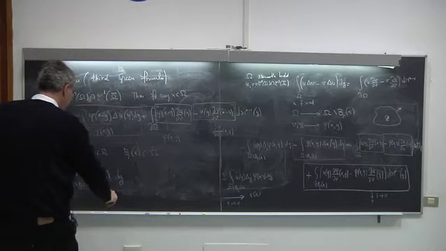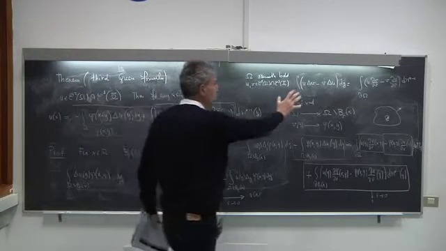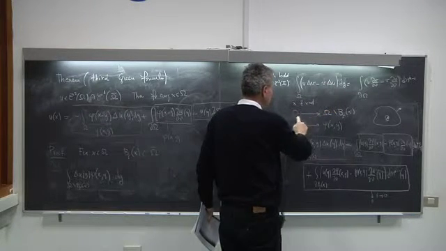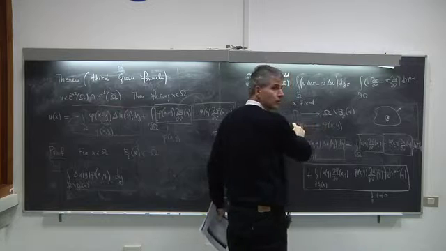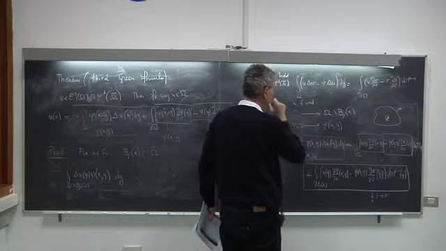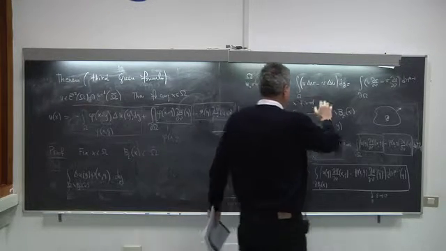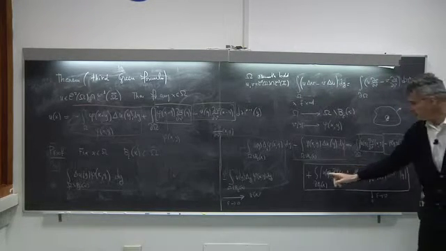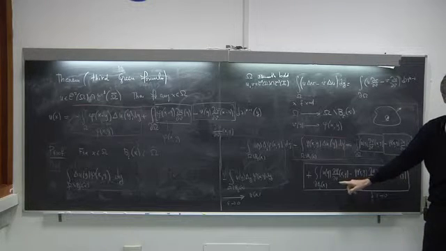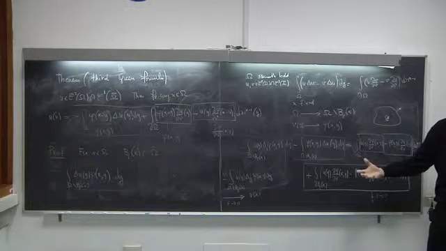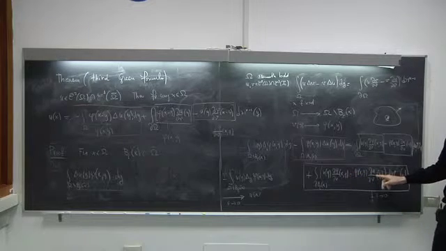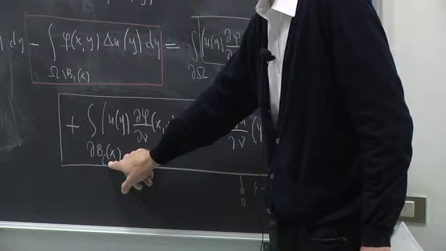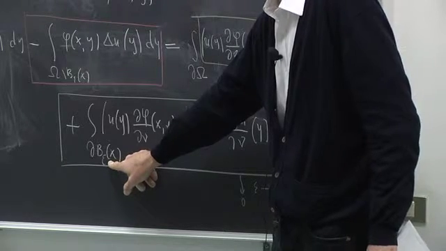So let me repeat it. I have the second Green's identity, which I apply with this in place of omega and this in place of v. Now, I first recognize that this contribution goes to 0 exactly for the previous reasons, because u is bounded and grad u is bounded. I integrate over epsilon, an object which goes as epsilon to the n minus 1.